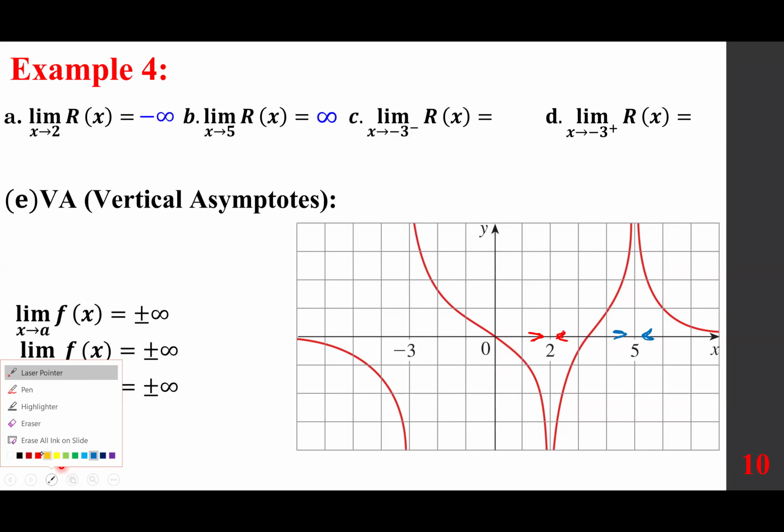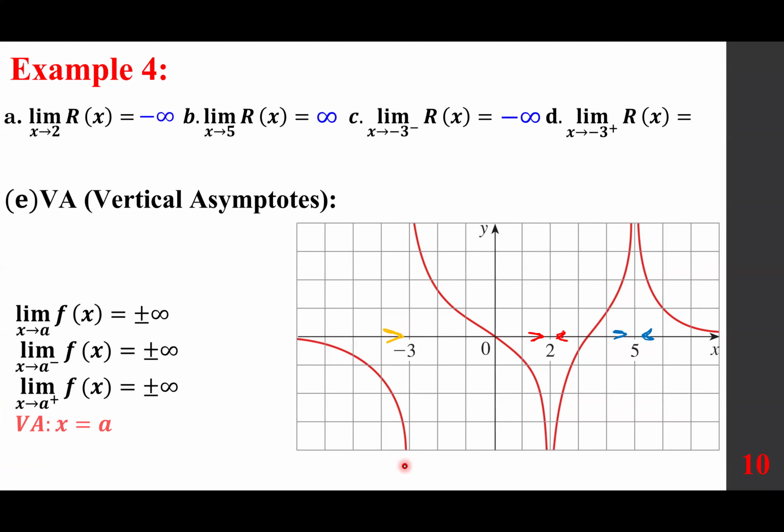So from the left of negative 3, as we approach negative 3 from the left, it goes down to negative infinity. But from the right of negative 3, it moves up to positive infinity.